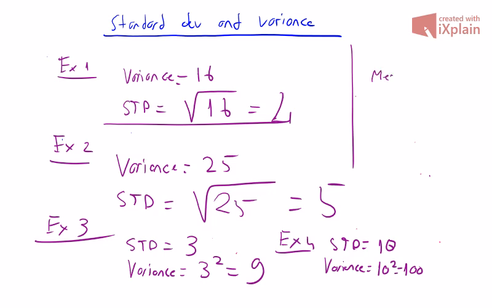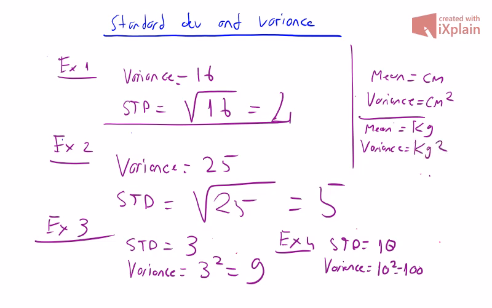So if the mean's unit is in centimeters, the variance unit will be in centimeters square. Or if the mean's unit is in kilograms, the variance unit will be kilogram square.